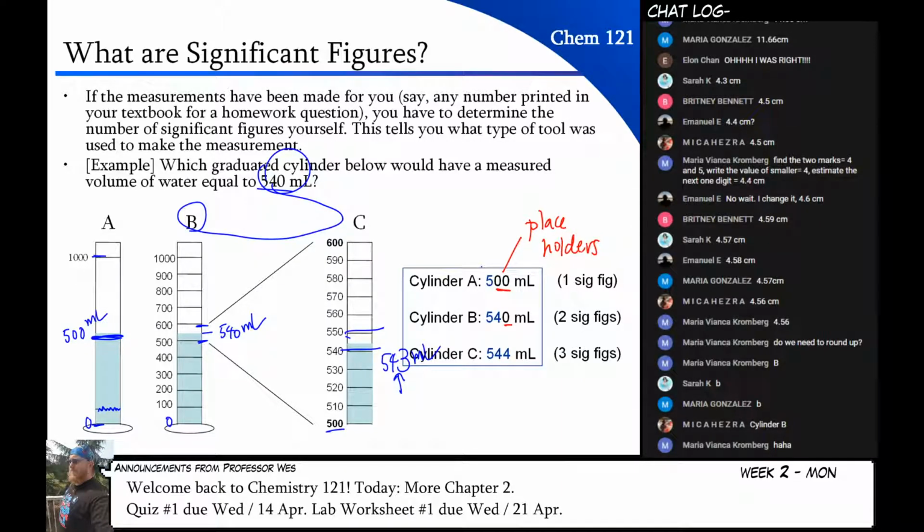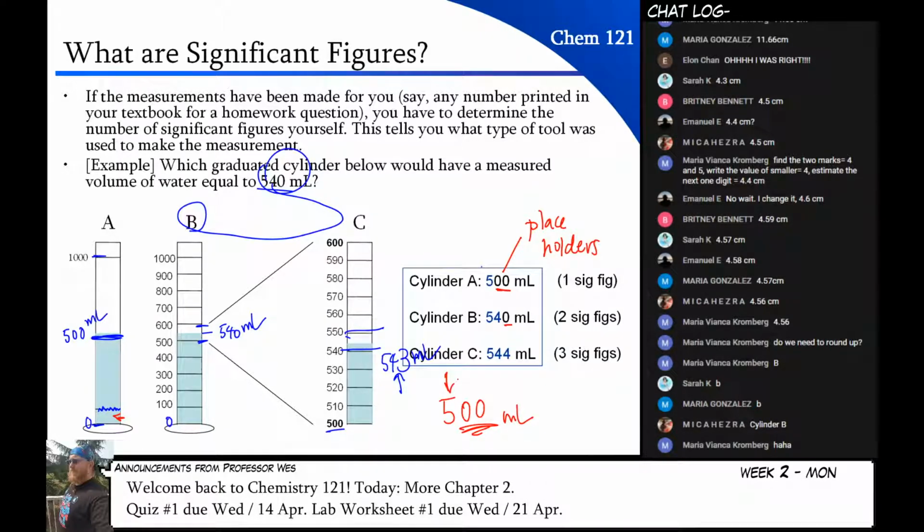If I estimated the volume of graduated cylinder A to just be 5 milliliters, that wouldn't make much sense because that would be like right here, way down at the bottom. I need those zeros to push this 5 into the correct place, the hundreds place.